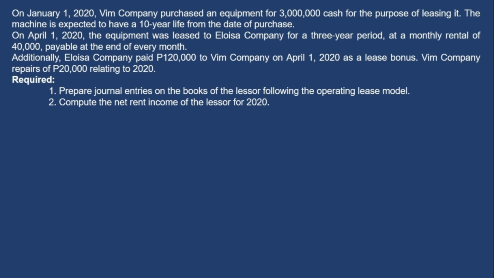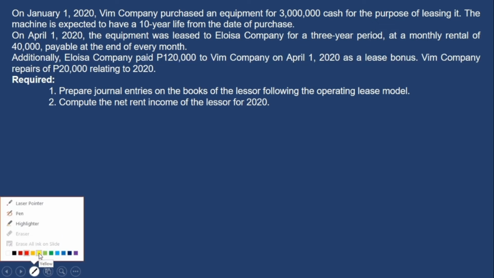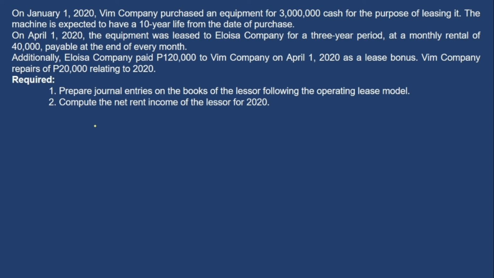Required number 1, prepare journal entries on the books of the lessor following the operating lease model, and number 2, compute the net rent income of the lessor. So, what we will do first is requirement number 1, journal entries for the books of the lessor.